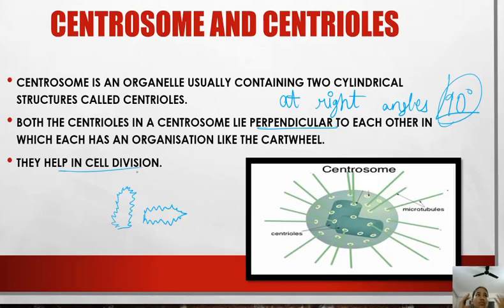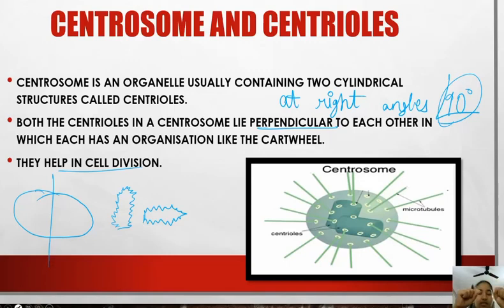When you come across the process of mitosis and meiosis, you will see this in cell division. Let me just explain some function of this. When a cell is going to get divided into two, we learned that they come from pre-existing cells.